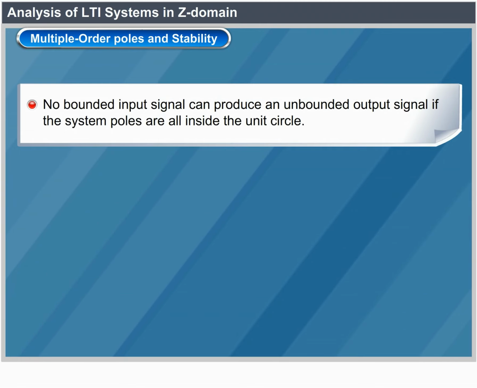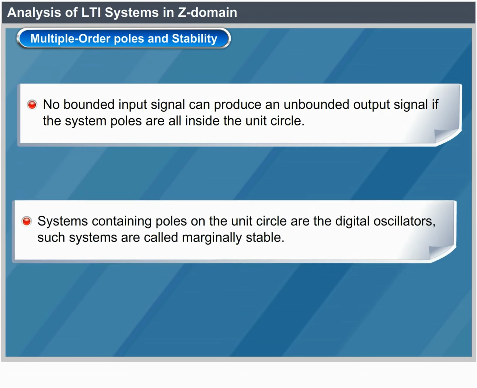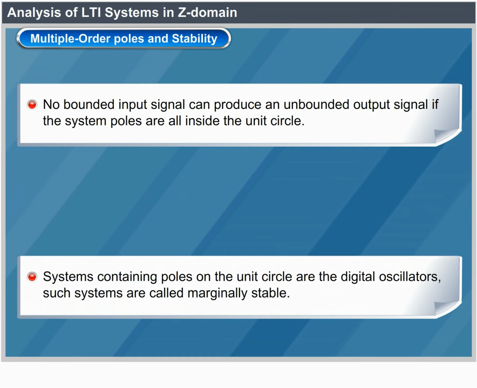No bounded input signal can produce an unbounded output signal if the system poles are all inside the unit circle. Systems containing poles on the unit circle are the digital oscillators. Such systems are called marginally stable.